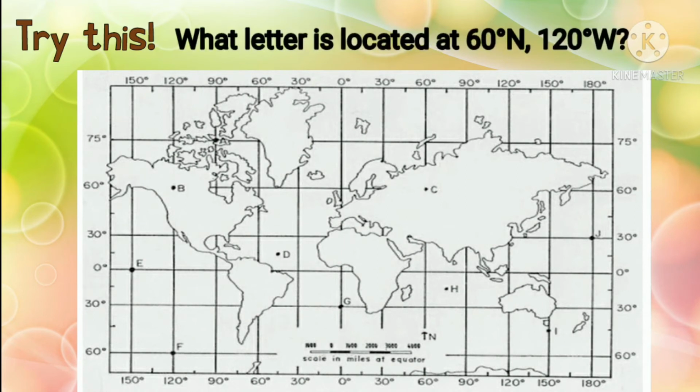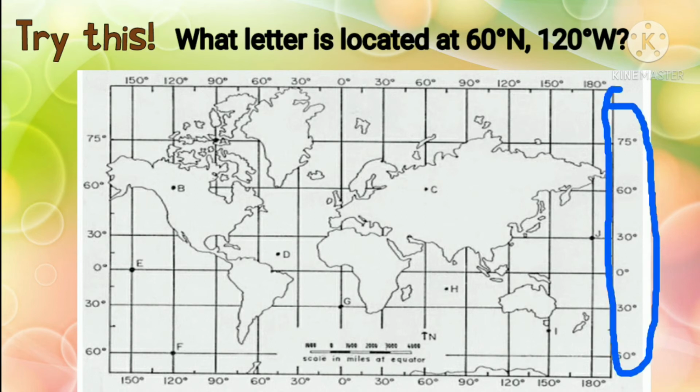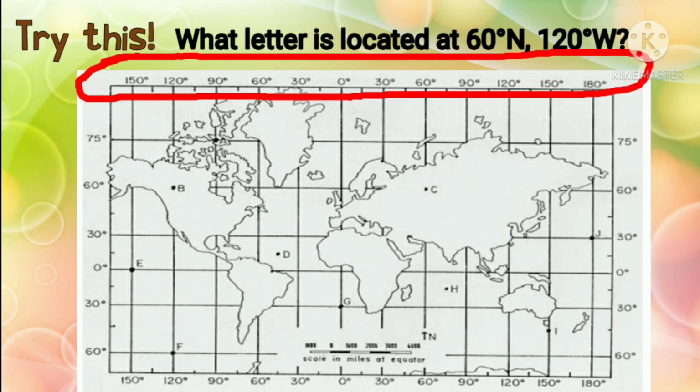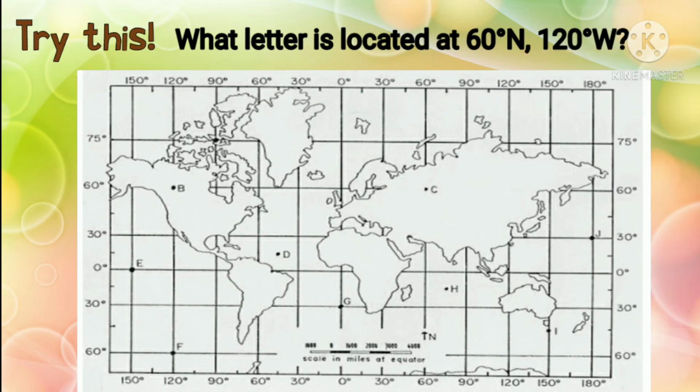What letter is located at 60 degrees north, 120 degrees west? To answer, keep in mind that the degrees at the side are latitudes and the degrees above are longitudes. First, let's find 60 degrees north. 60 degrees north is above the equator, so it's here.